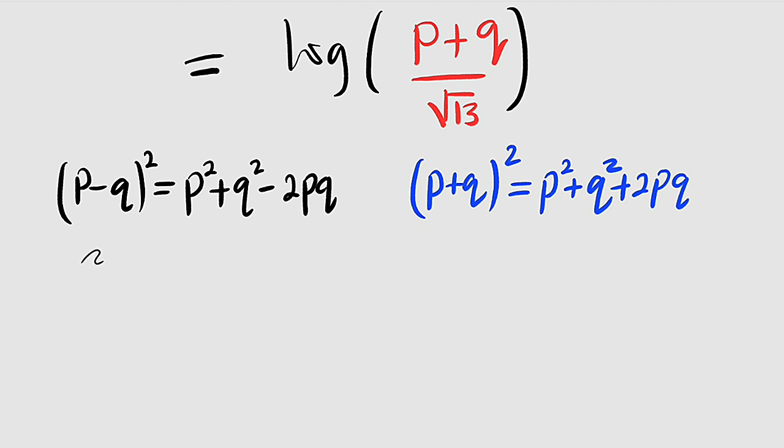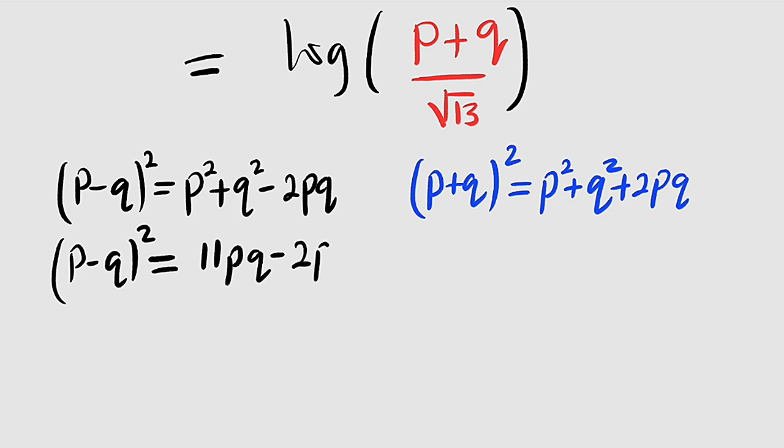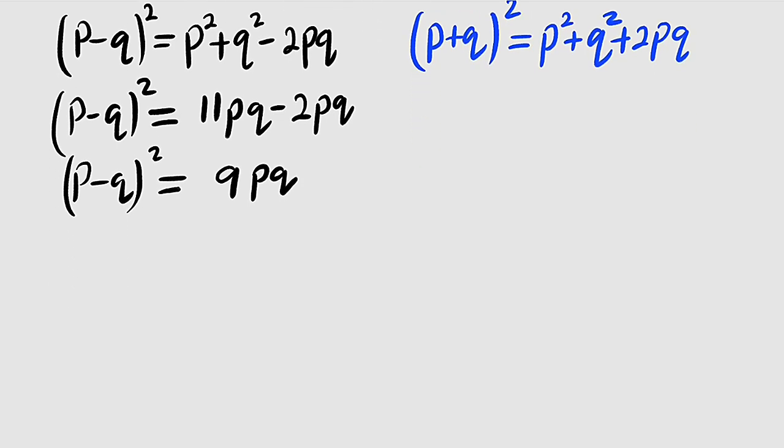To the left hand side, we have p minus q all squared. This is equal to 11pq minus 2pq, right? p minus q all squared is equal to what? 9pq. Let us take the square root of both sides.